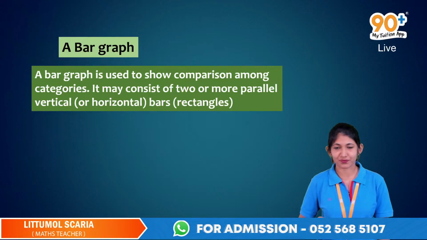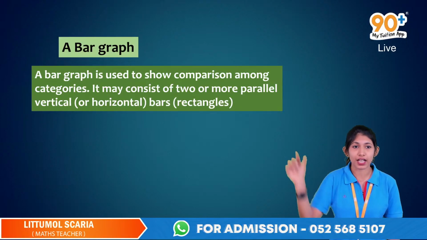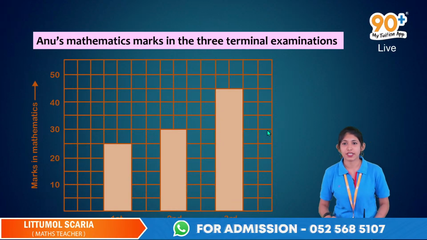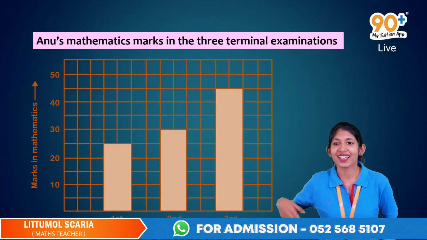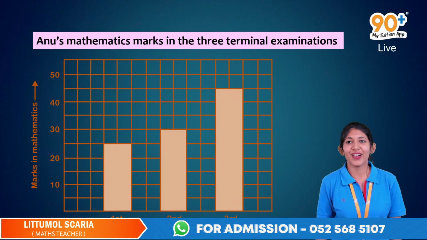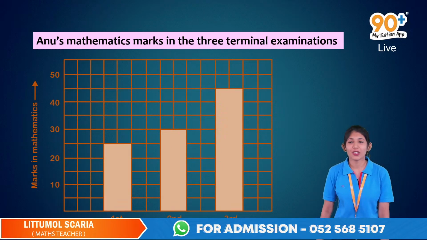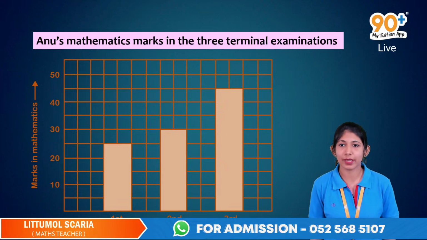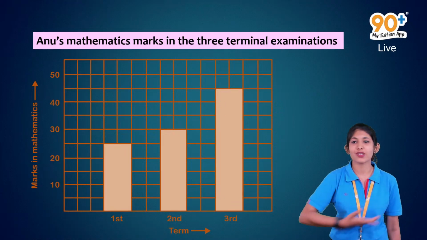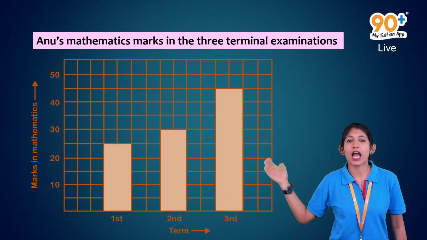So certain bars are there. One such example of a bar graph is this. First term, second term, third term. Here you can see Anu's mathematics marks in 3 terminal examinations. So they have represented it using a bar graph.